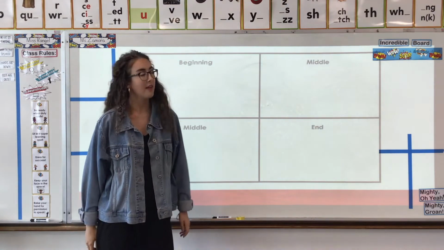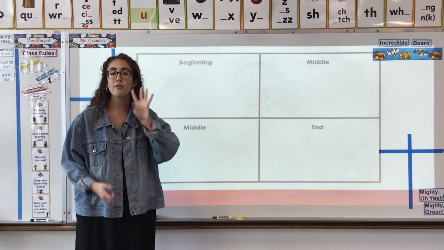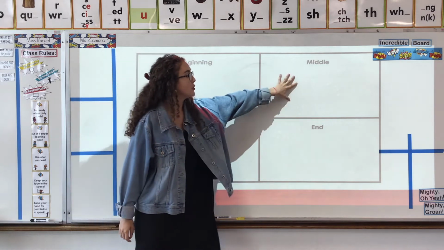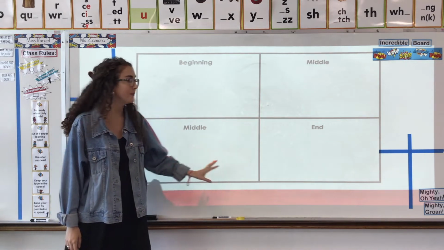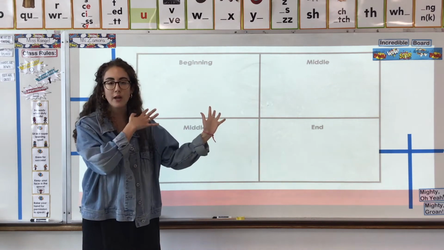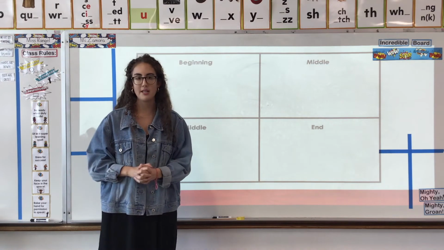And Super Scholars, this is what our storyboard is going to look like. We're only going to have 4 boxes. 1 will be for the beginning, 2 will be for the middle, and 1 will be for the end. This storyboard will help us when it's time to write our personal narrative.